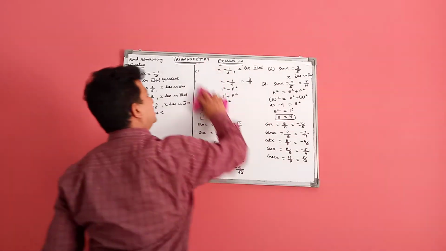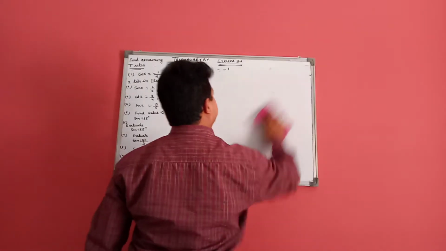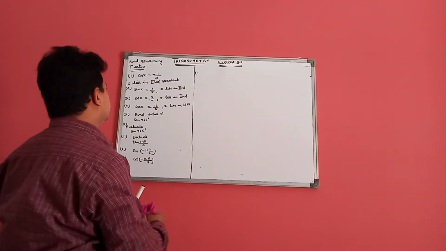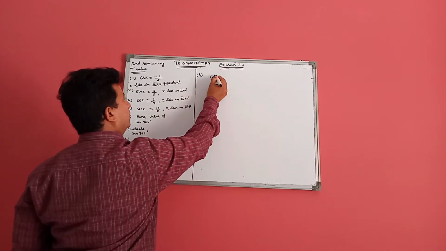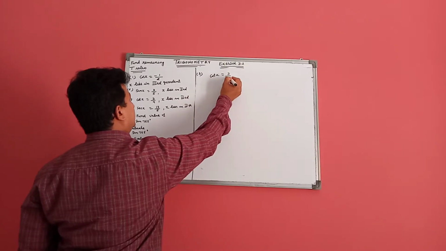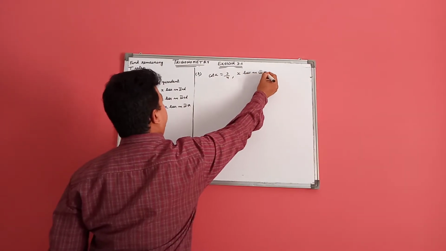In question number third, we have cot x equal to 3 by 4. x lies in the third quadrant.